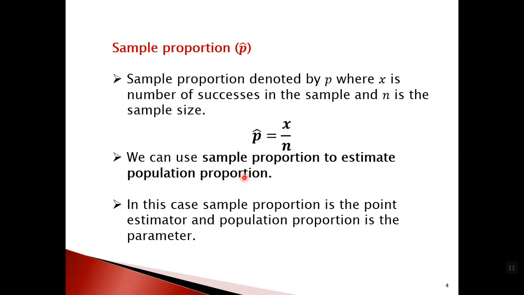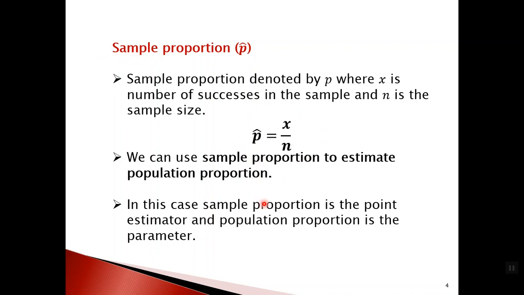What is p? Capital X over capital N, which means the number of successes in our population divided by the population size. Since we cannot calculate that, we overcome the problem using the sample proportion.